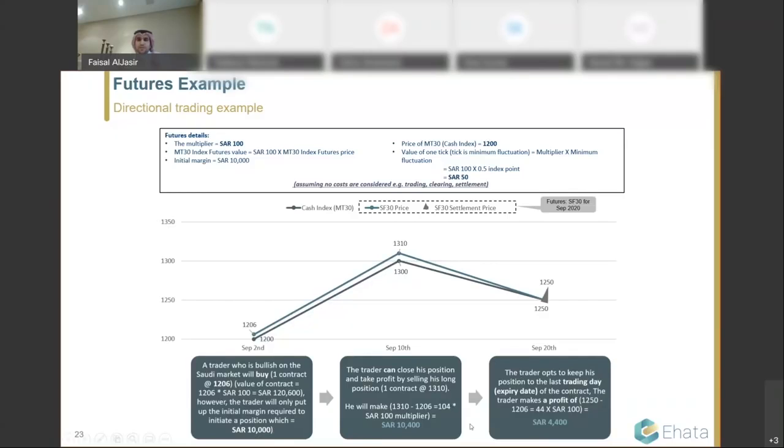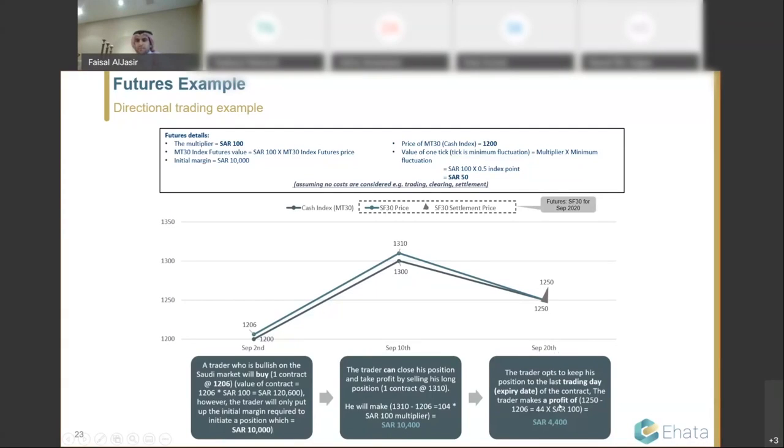That's the difference. You multiply it by the multiplier. You get a profit of 10,400. You do profit because you're a buyer, and that's a profit that is not related to the initial margin that you have put. You put 10,000 riyals on September 2nd, and this is a profit in addition to that. So what happens at expiry?